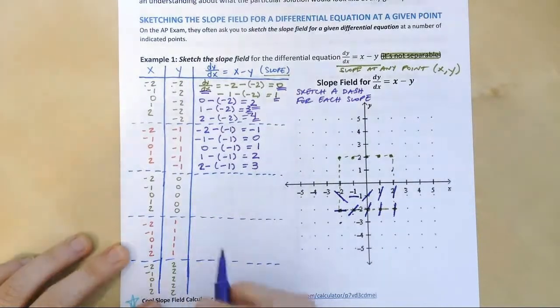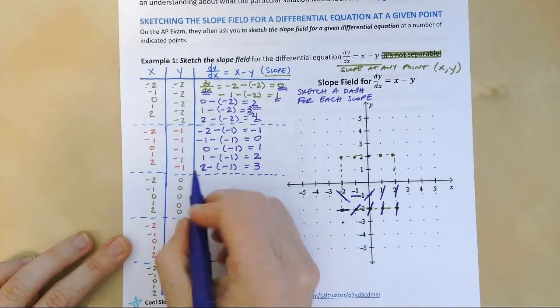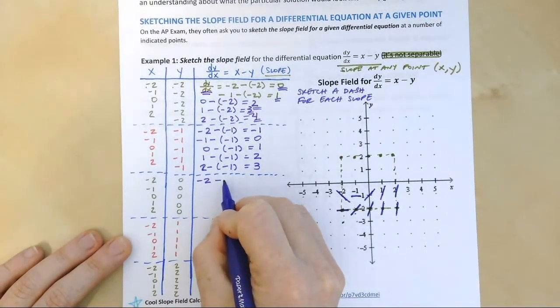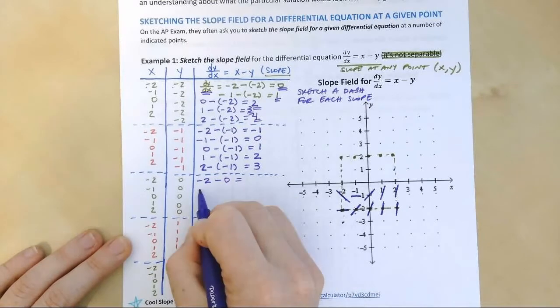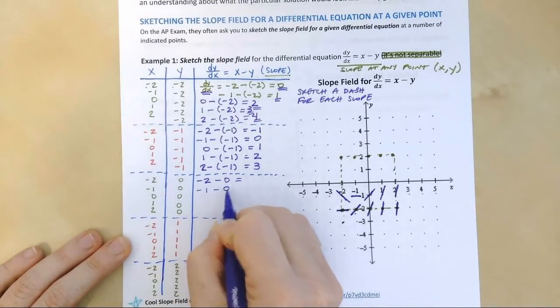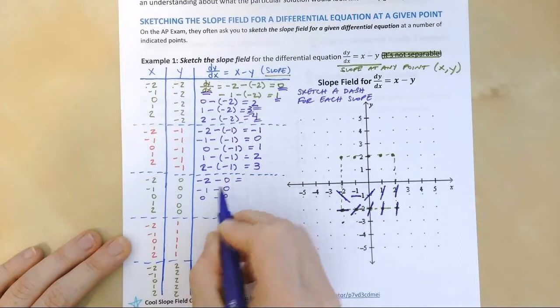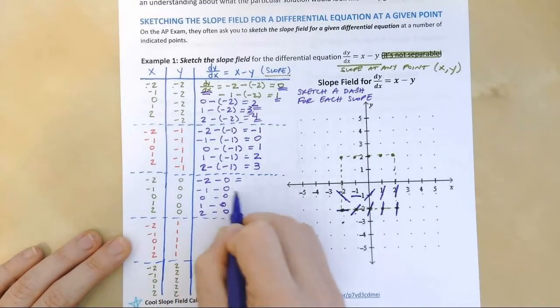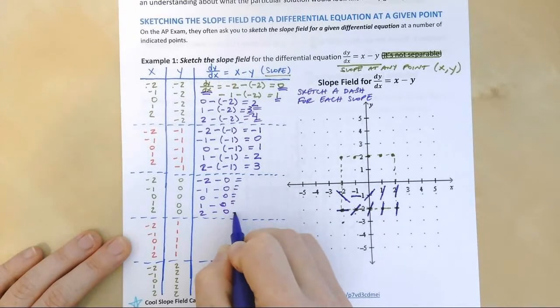Okay, so now I'm going to fill out all of mine. So we have negative 2 minus 0, negative 1 minus 0, 0 minus 0, 1 minus 0, 2 minus 0, and nothing's changing because we're subtracting 0.